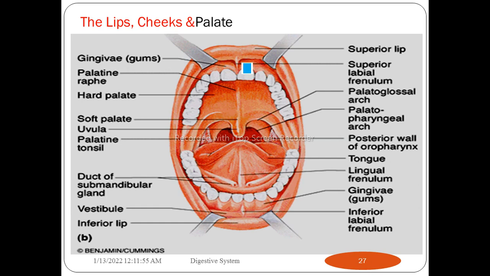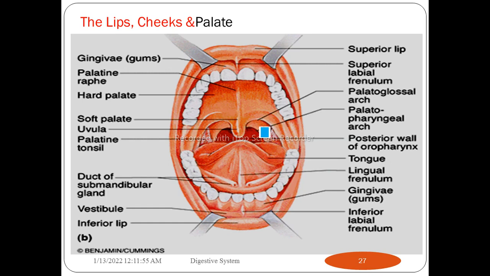So the uvula is here, the palatine tonsil is here, and the duct of the submandibular gland is here, and the vestibule is found in this area, and the inferior lip is here, the inferior labial frenulum is here, and the gingiva or gums are here, and the lingual frenulum is here, the tongue is here, and the posterior wall of the oropharynx is found around here.